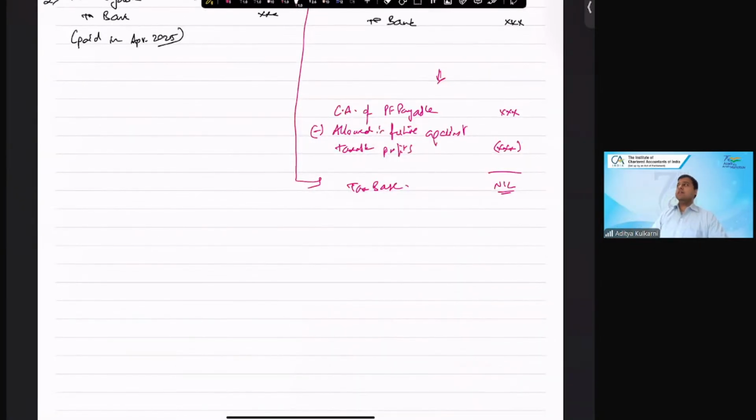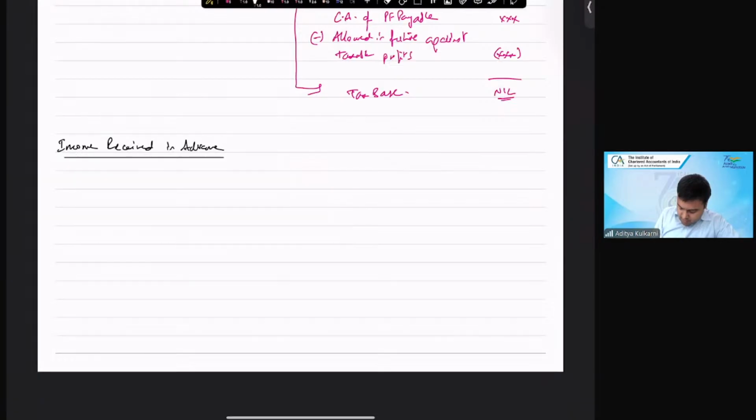All right. Now, income received in advance. This is a normal liability. Regular liability. Now we move on to the second category. Income received in advance. What will you pass?